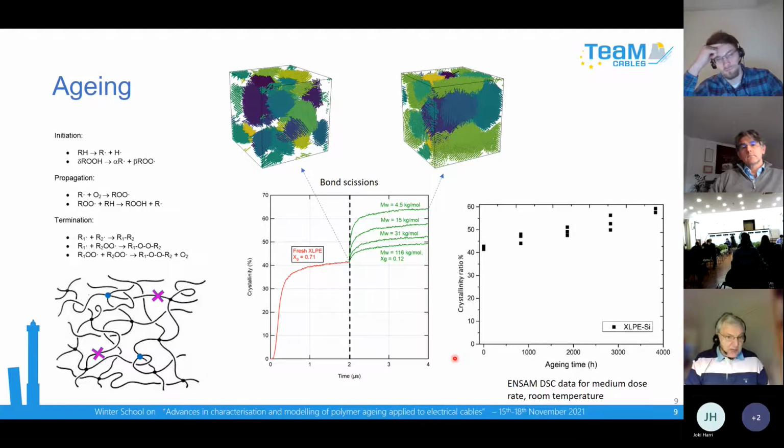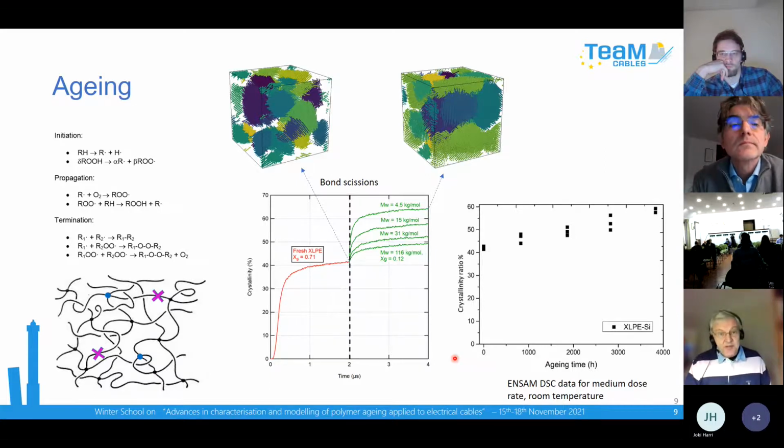We have bond scissions, and we also may have crosslinks. But often in the kind of aging experiments that we have conducted in the Team Capitals project, the chain scissions are the dominating thing. So in our modeling work, we have so far only considered the bond scissions due to aging.